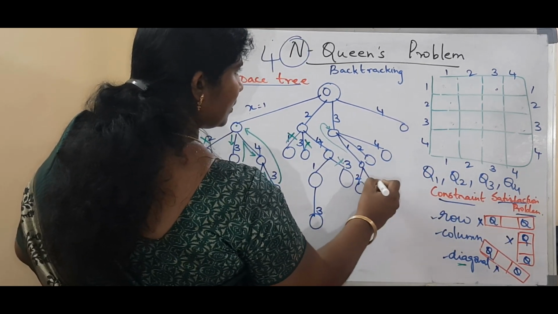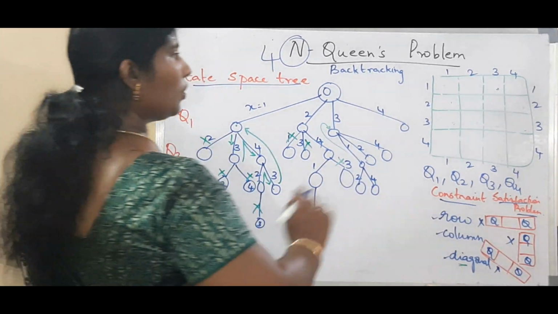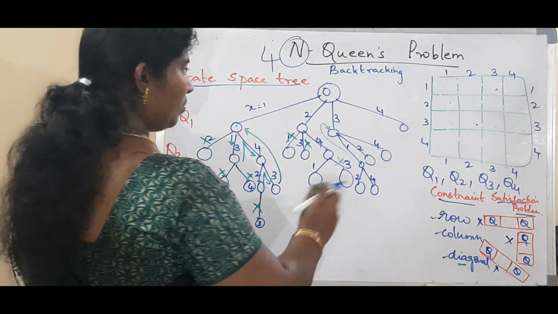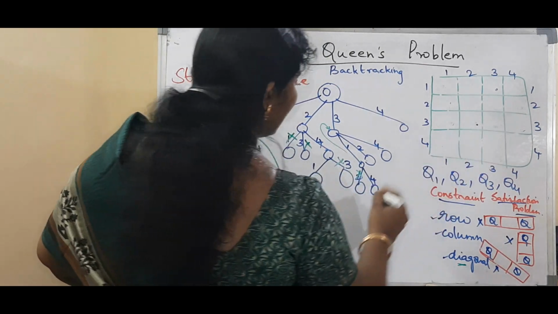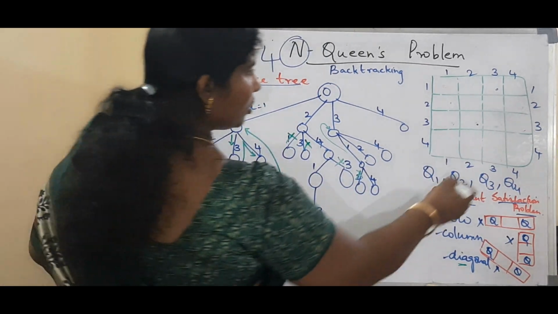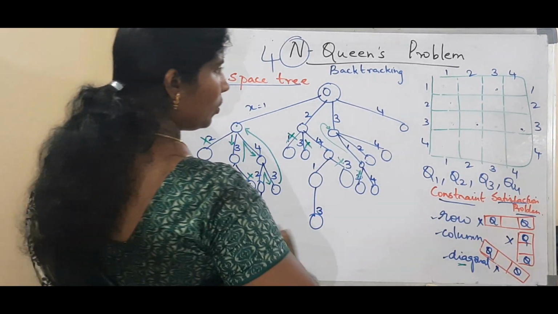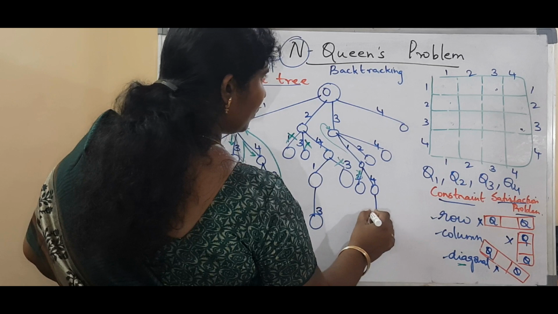I can either place it in 2 or 4. So if I place my next queen in the second, it is not going to be good because they are diagonally present. If it is present in the fourth, it has no problem. So the remaining is going to be 2.